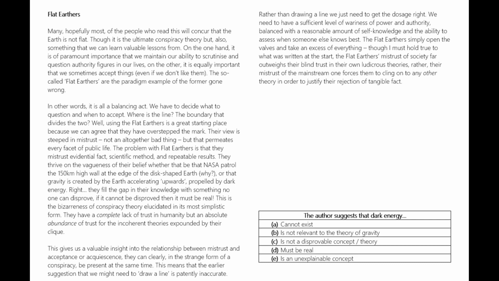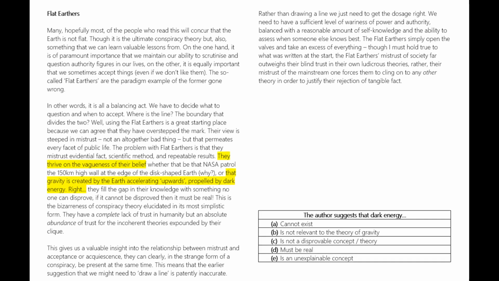Well, it's just here in the second paragraph, and I'll quote, "They thrive on the vagueness of their belief that gravity is created by the Earth accelerating upwards, propelled by dark energy." Right. Now that "right" is clearly an expression of scepticism, and combined with the term vagueness and ludicrous, we're evidently supposed to believe that this concept of dark energy is not really very credible.